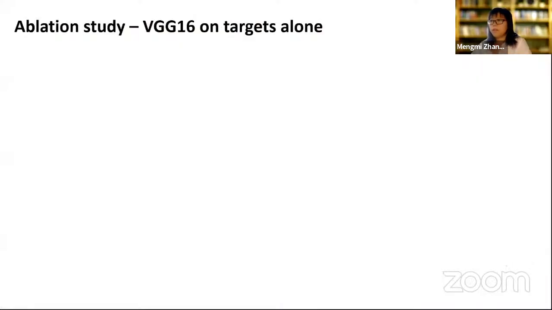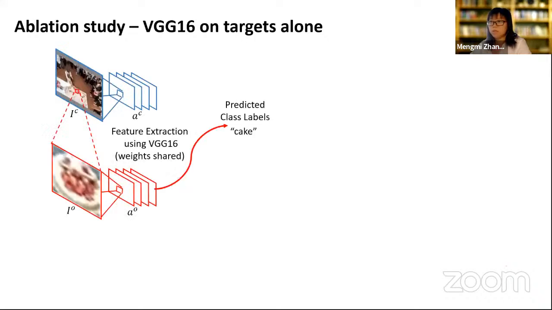So far, we have only been focusing on the CRTNet model in the experiments. We also compared CRTNet with several other computational models, which also incorporate some form of contextual information in object recognition. First, we evaluated pre-trained VGG16 on the target object alone without any contextual information.